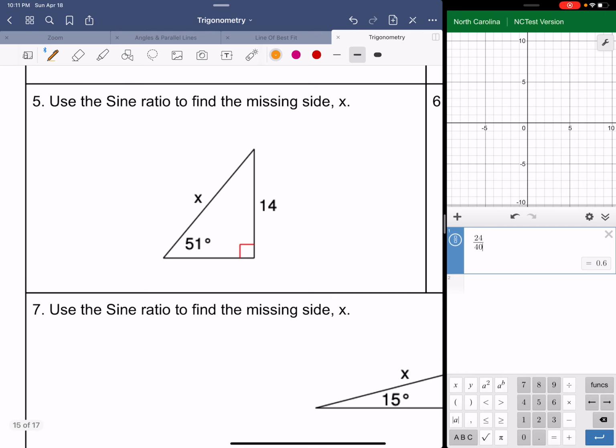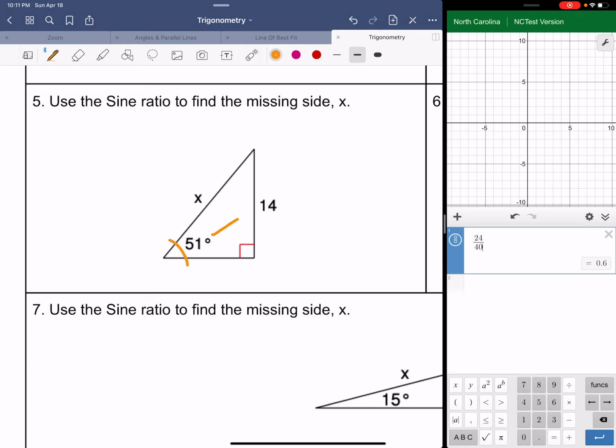Number 5. Now we are using sine, that whole ratio and that whole equation, to find a missing side value. So now we aren't given the angle to look from and 2 of the sides. We're just given the angle to look from and 1 of the sides. So we have the angle 51.